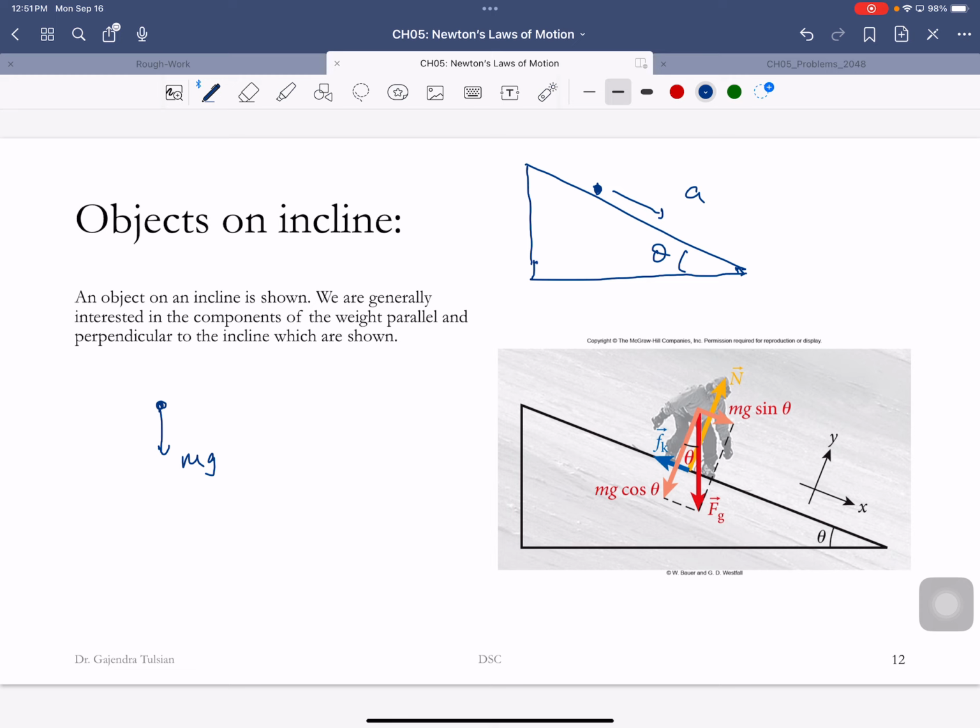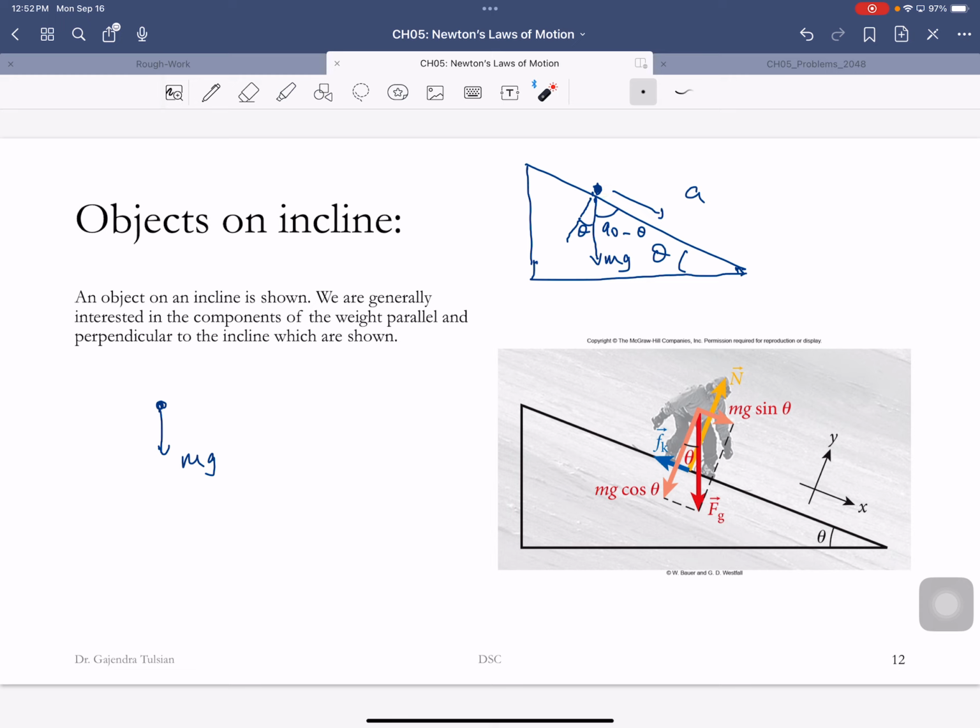And it turns out that the force of gravity is acting straight down like that. This angle is 90 minus theta. And if you draw perpendicular to the surface, now this angle will be theta. So what's most useful in problems is the component of this force perpendicular to the surface and along the incline.